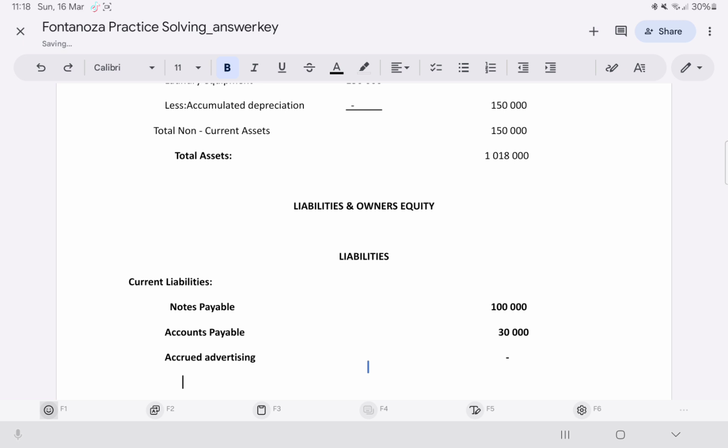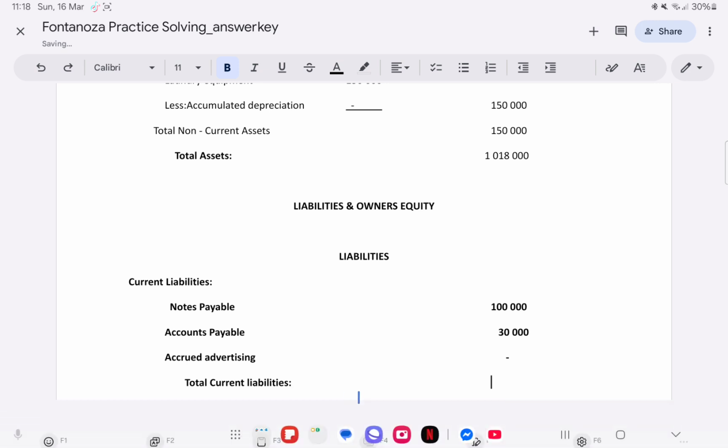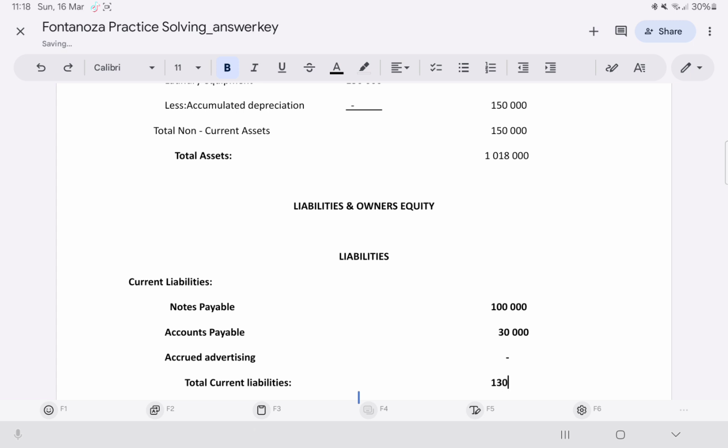Let's get the total current liabilities, amounting to 130,000.